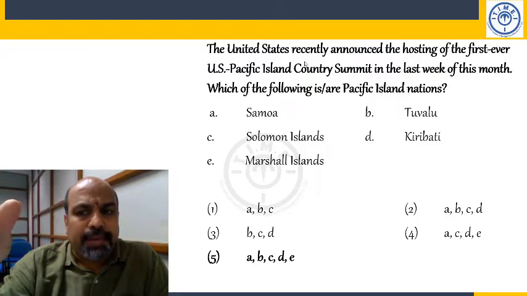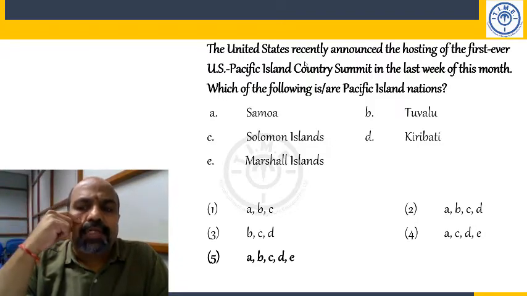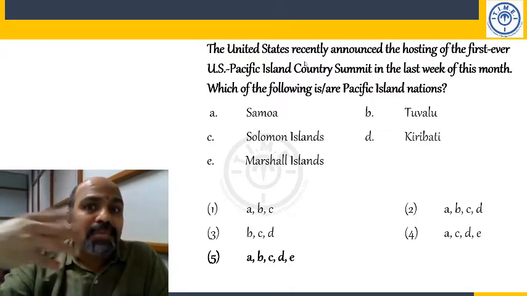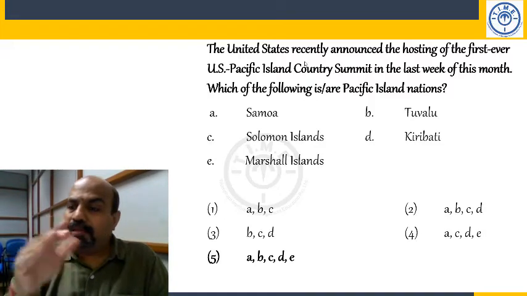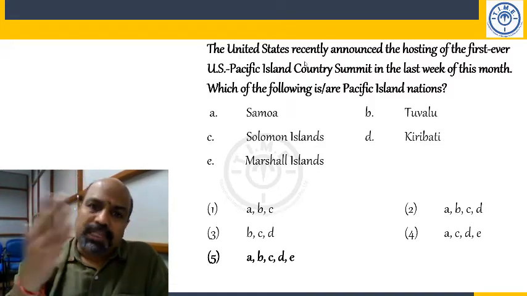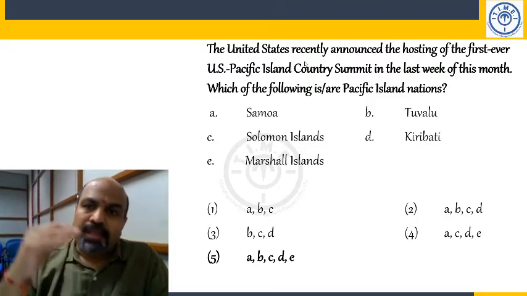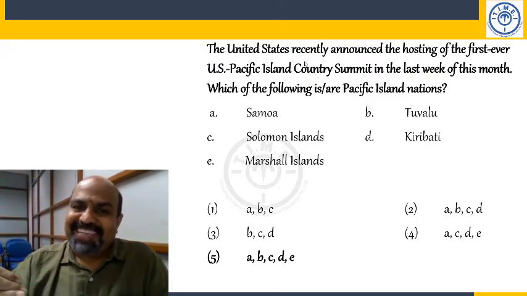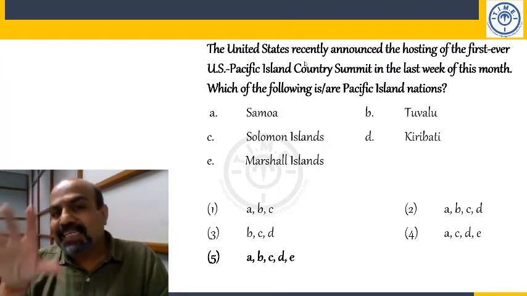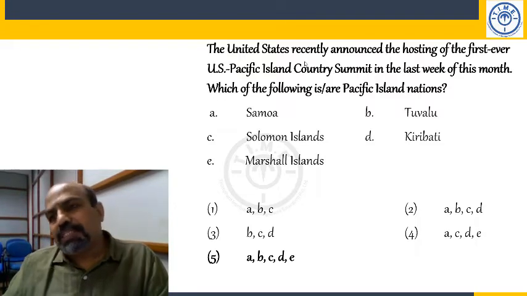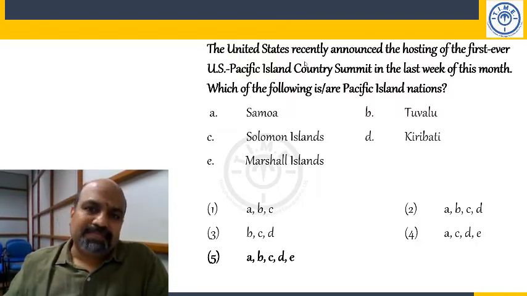Look at choice D, Kiribati. Its islands are spread across 4 hemispheres. Some of it is on the other side of the international date line. So eastern hemisphere, western hemisphere, one above the equator in the northern hemisphere, one below the equator. It's the only country in the world that is spread across 4 hemispheres: east, south, north, west.